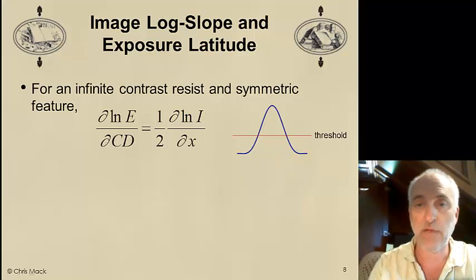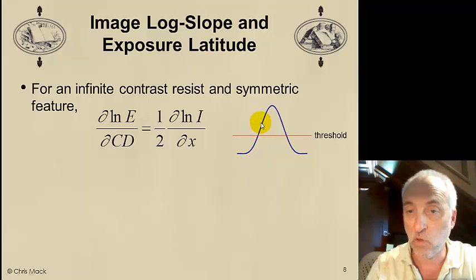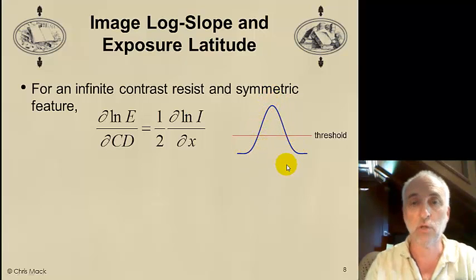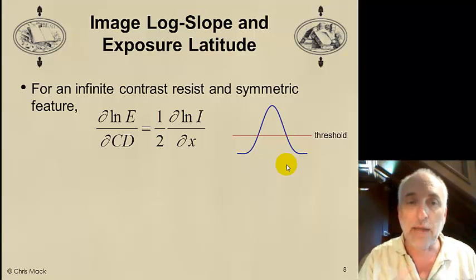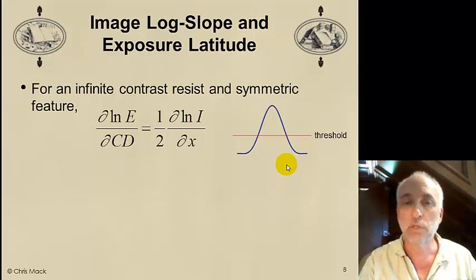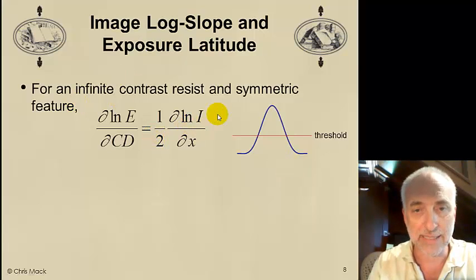Now, suppose I have a small error in the exposure dose. That's like scaling this whole image to a little bit higher, let's say, than it is now. Well, if it's a little bit taller, that same threshold will give me a slightly wider CD. So an error in exposure dose will produce an error in CD. All right, well, let's take a look. d log I dx, that's the log slope here.